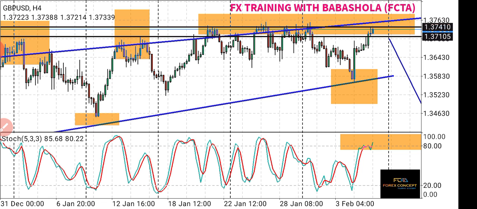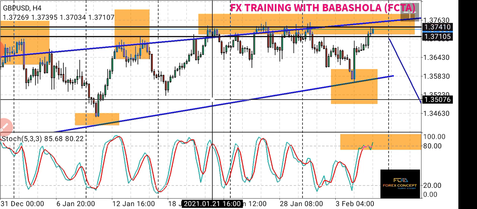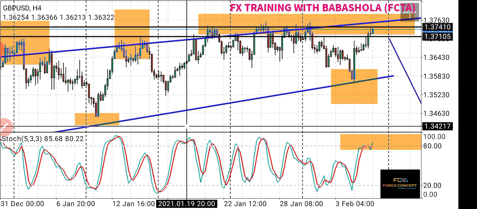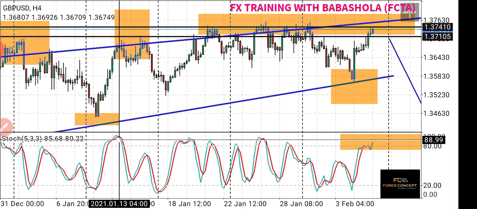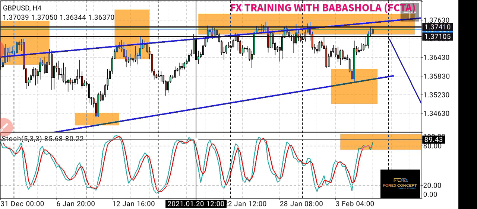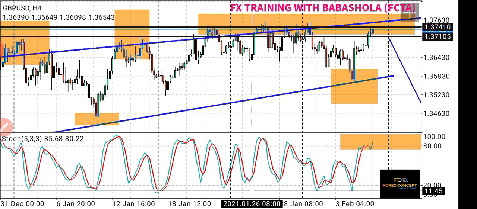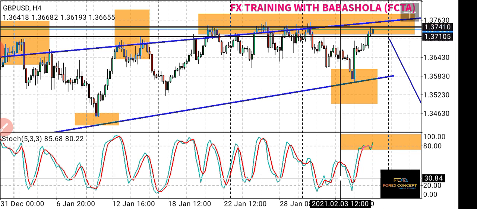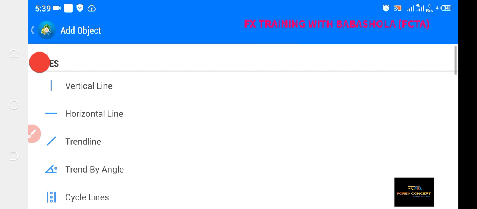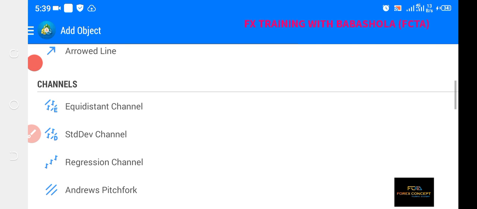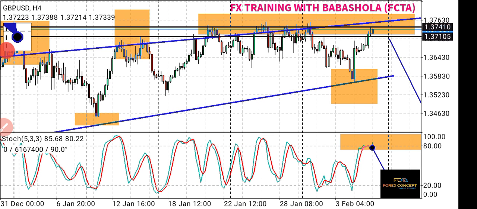Because number one, the stochastic is at the overbought level. The stochastic here is at the overbought level, and anytime soon price might go back down. You can see that every time price touches the 80 level, price goes back. So we are expecting price to drop back down to this point anytime from now.